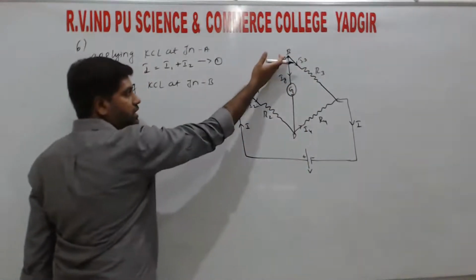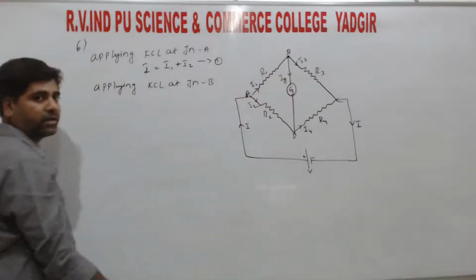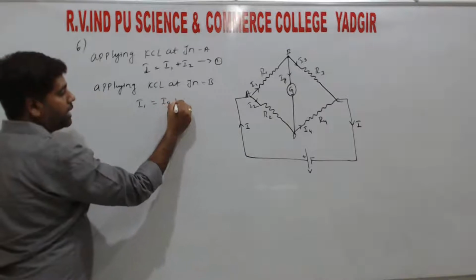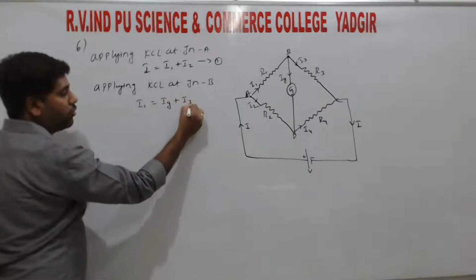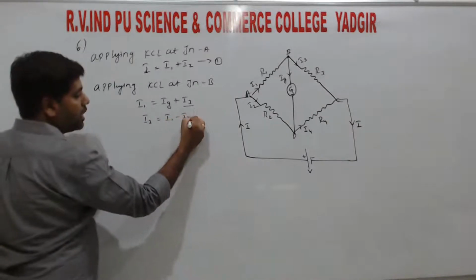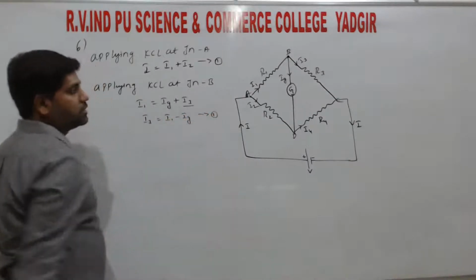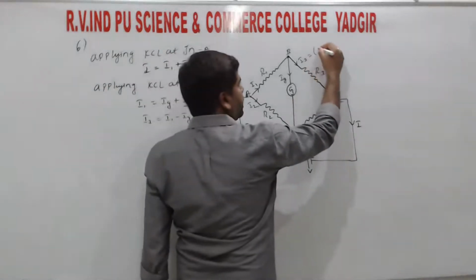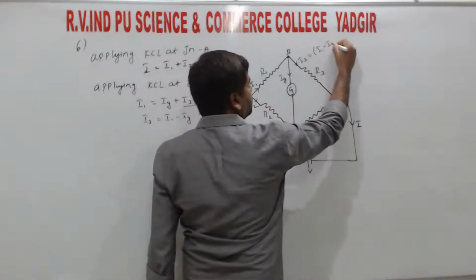So I1 equals IG plus I3. From this we can relate I3 equals I1 minus IG, calling this the second equation, right? Here also we can directly write I1 minus IG.